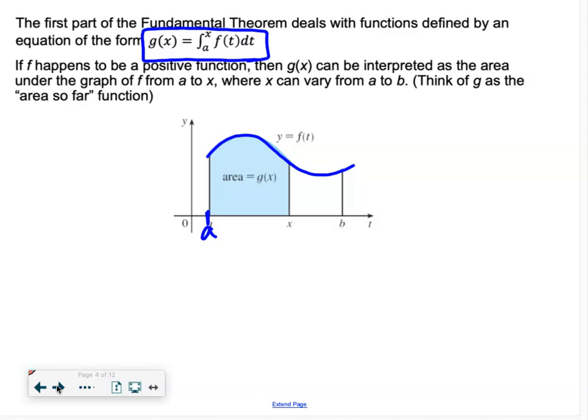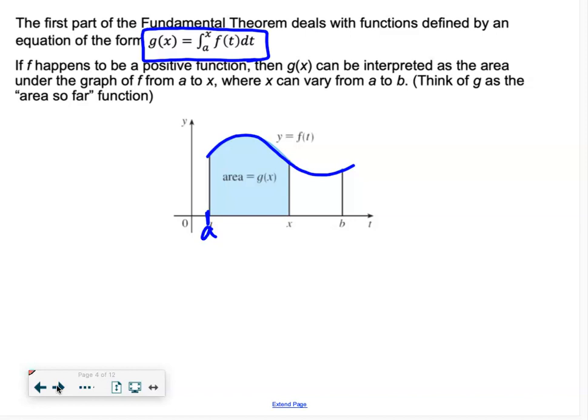So this axis right here, when we input values into f, we're inputting t values. When we input values into g, we're inputting x values. Yet, they represent the same numbers on the same number line, right?